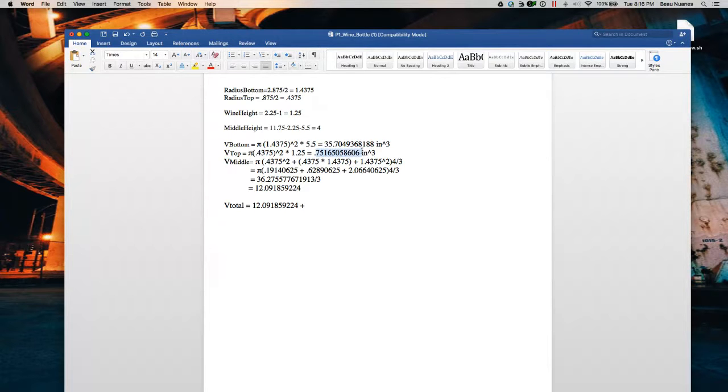Volume of the top. This is inches cubed. Always make sure to put your units too. And this should be 0.75.